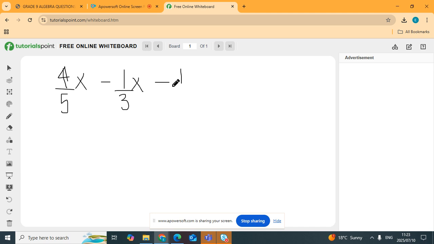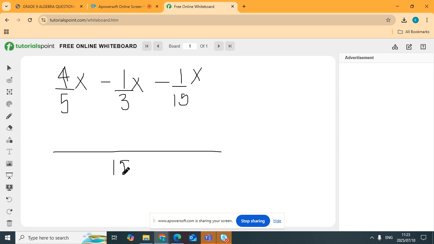Firstly, you're going to find the lowest common multiple for 5, 3, and 15. In this particular case, what's going to be your lowest common multiple? Your lowest common multiple here would be 15, right? So your lowest common multiple is going to be 15.